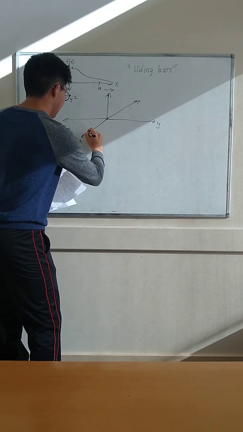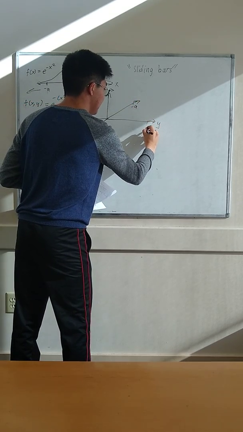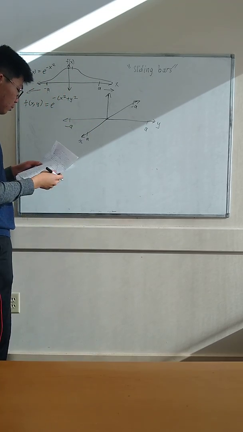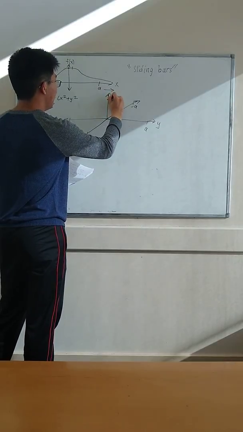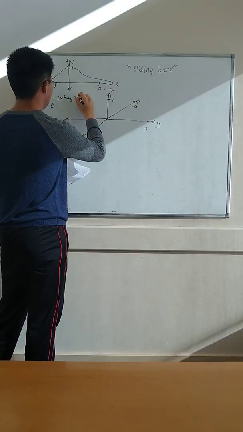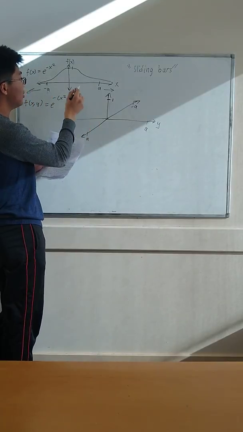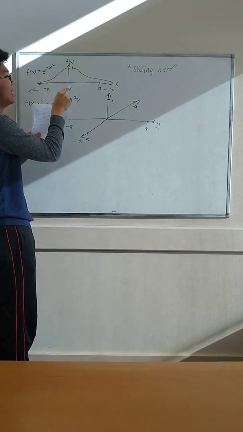So, this is a, this is minus a, this is a, and this is minus a. And this is 1, right here. Now, when you graph this function, it's very similar to this. This is basically a 3D version of this 2D graph.